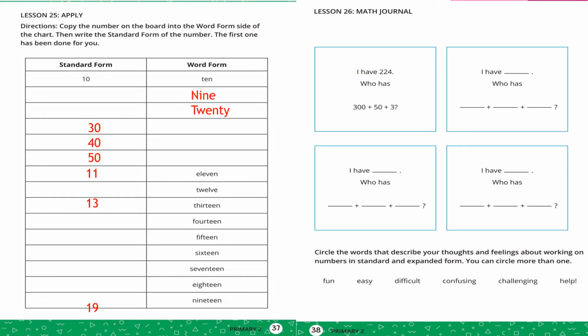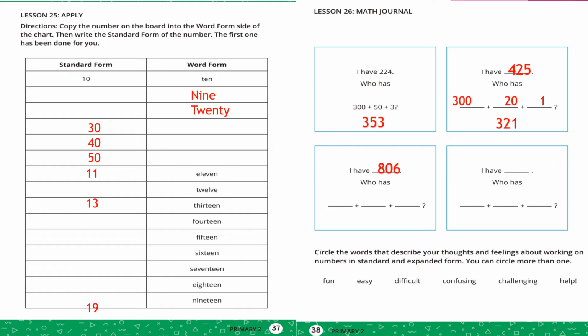This is the expanded form, and we can convert it or write it in standard form. 300 plus 50 plus 3 equals 353. The next box, I have 425. Who has 300 plus 20 plus 1? Write it in standard form, 321.